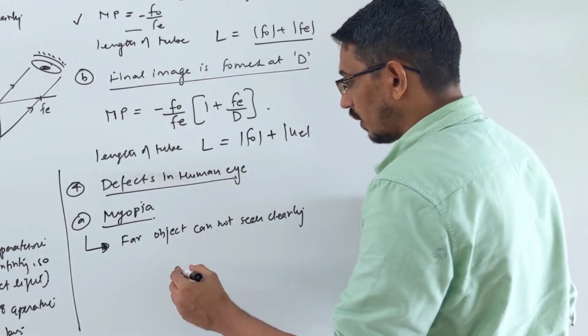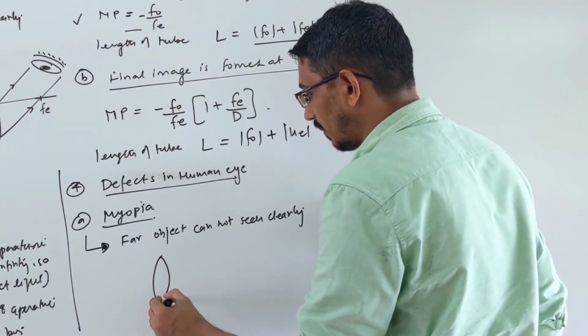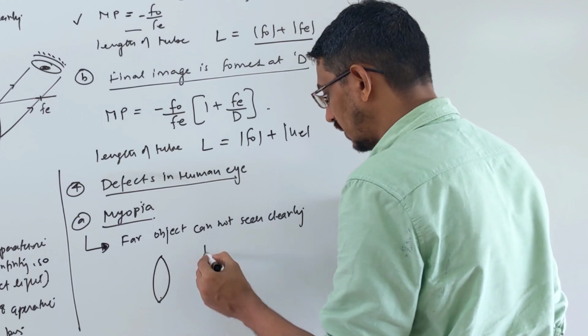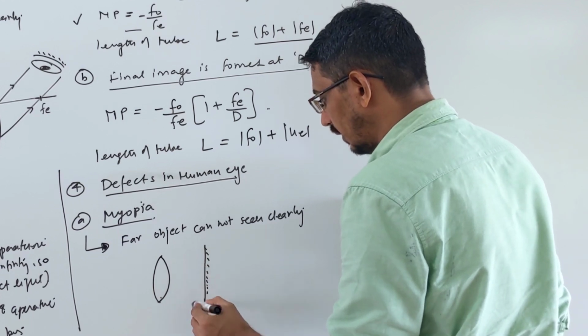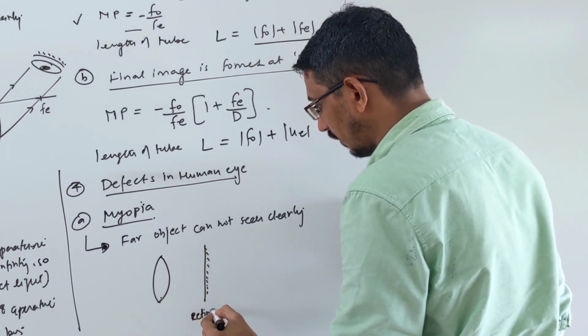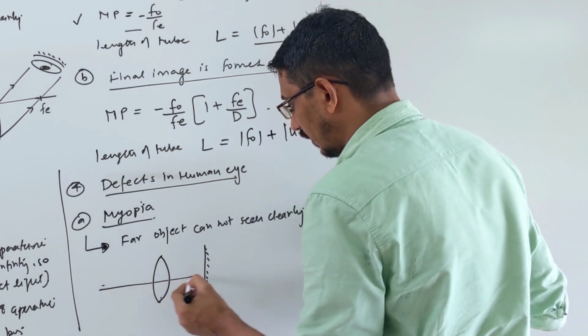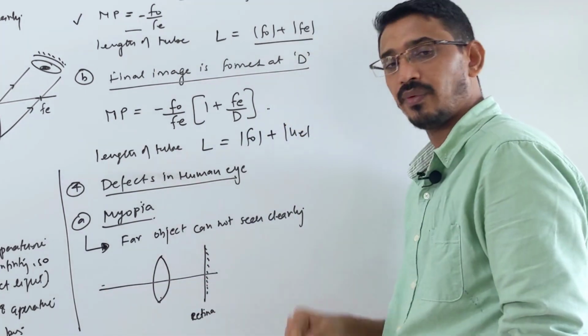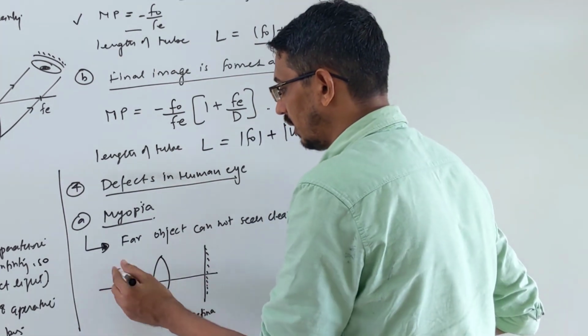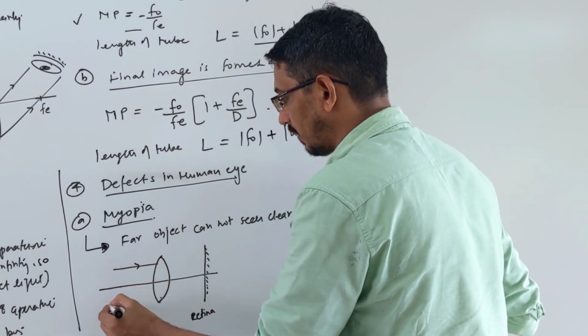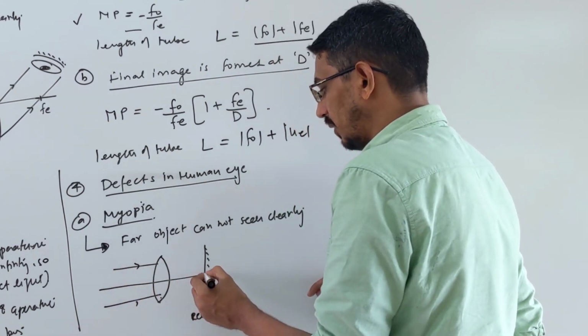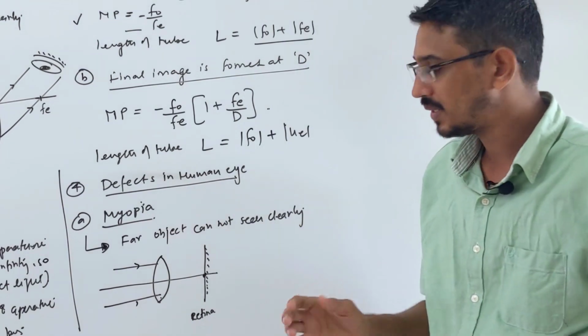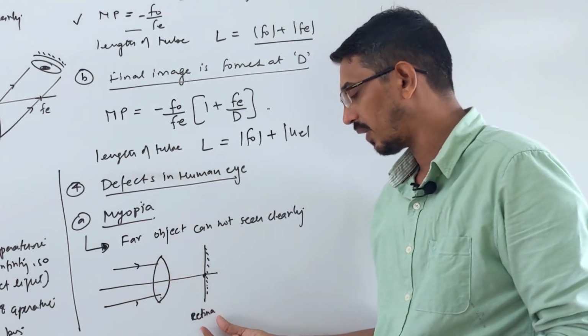Look here, this is your eye, and this is your retina. Suppose rays coming from far, say from infinity, parallel rays are coming in this way. They should meet actually here. In order to see a clear image, these rays should meet at the retina.